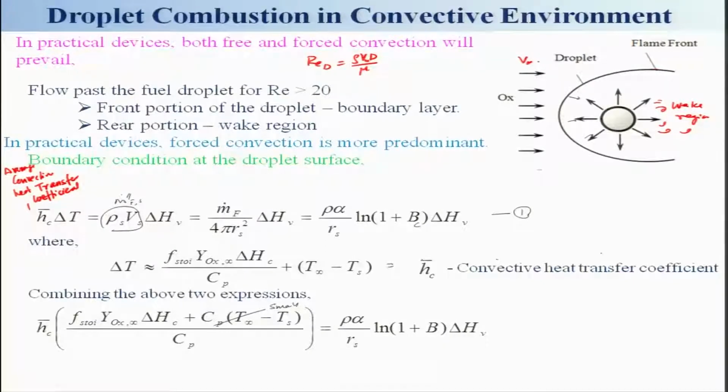So I can write this as basically also the B. If I look at this, I can write this as F stoichiometric Y oxidizer infinity delta Sc, if that is 0, then divided by Cp.